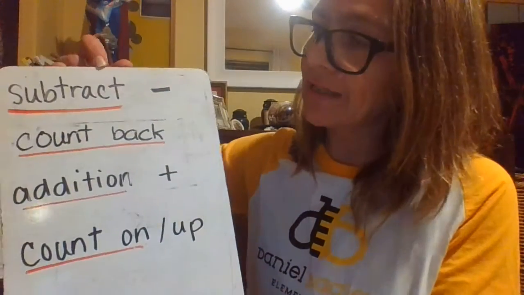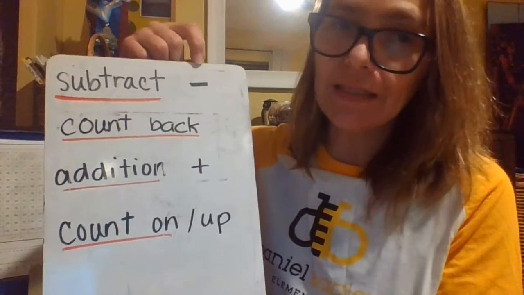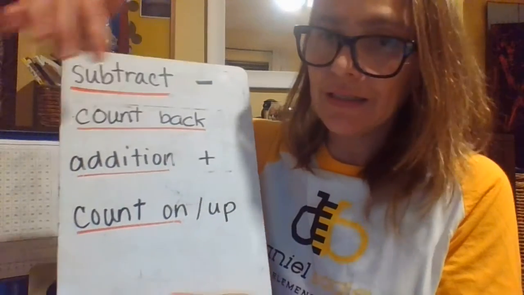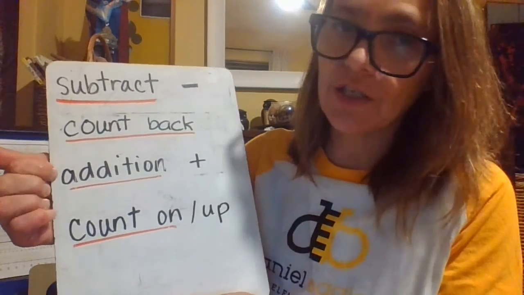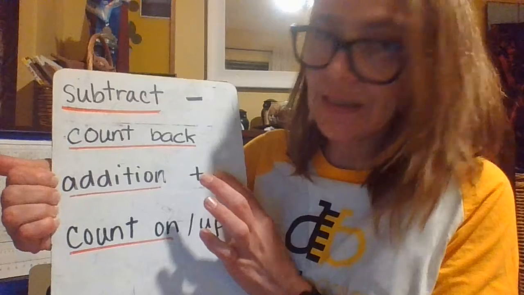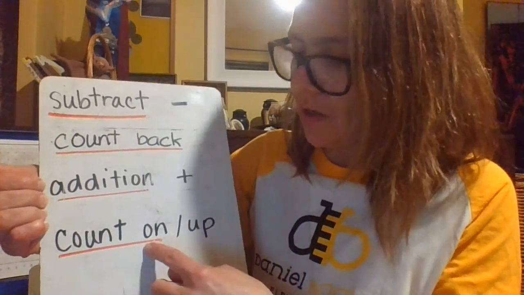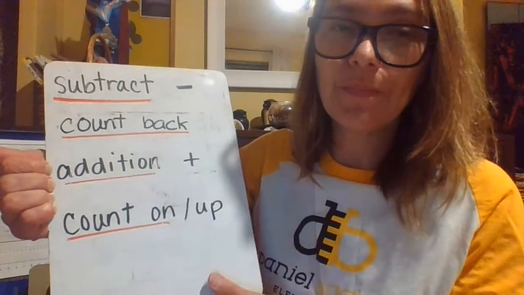Let's think subtract, and that means to minus, to make it less, and you're counting back. Today we're also thinking about addition, and that's plussing, making more, making it greater, and counting on or counting up.